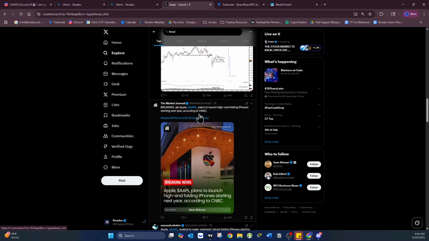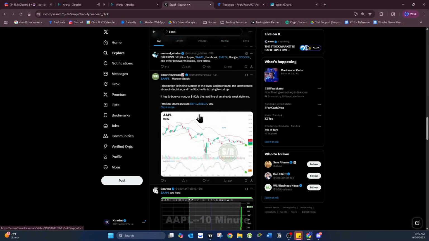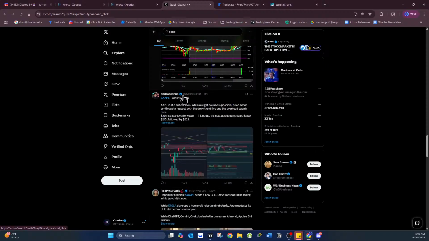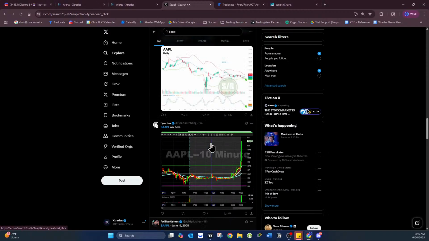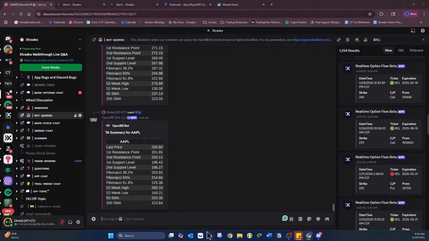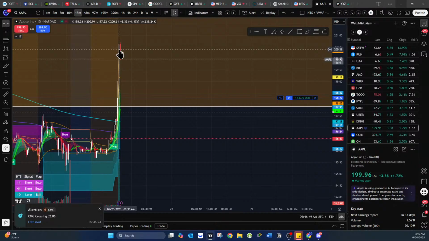Apple plans to launch high-end folding iPhone starting next year. Is that it? Yeah, I don't see anything. Why did we get 10 million volume, man? That was crazy.